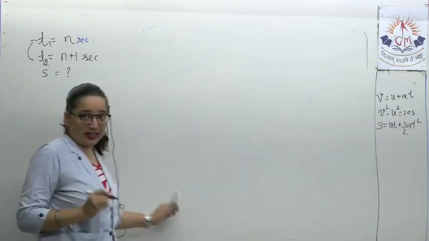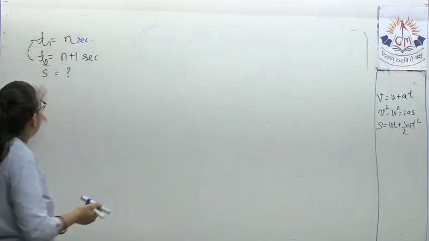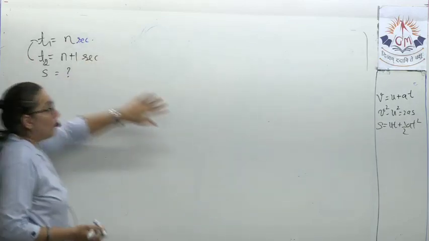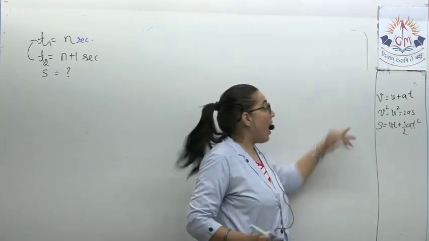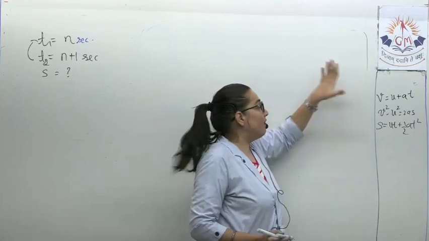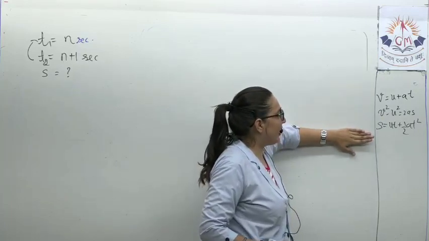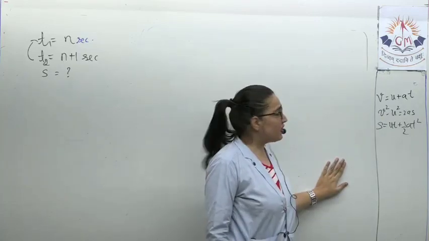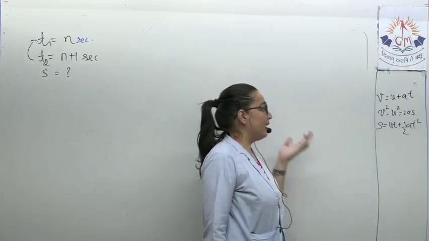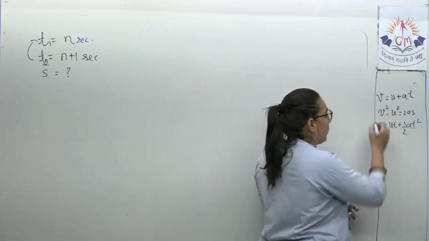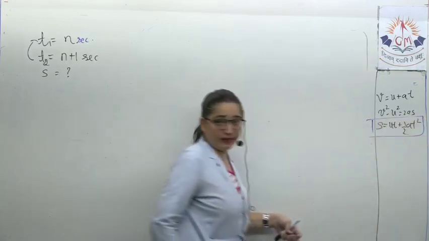Just think, what are we given? s and t. Which equation relates s and t? Out of these three, you will notice that this is the equation that relates s and t.